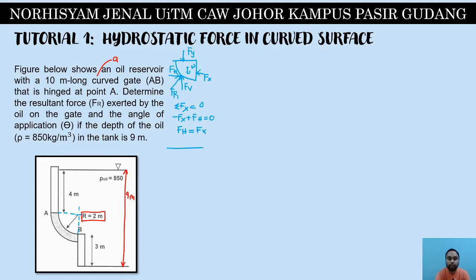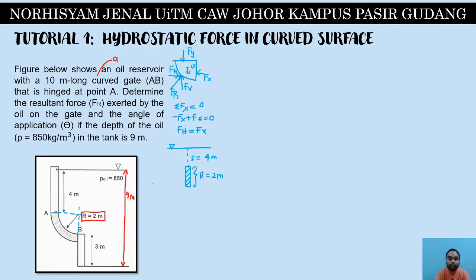If we remember from the theoretical part, we need to represent the lines with a rectangular shaped plate like this, and we need to make sure we know what is the S. S over here should equal to 4 because this is from the tip to the surface of the liquid. So S is 4 meters, R is 2 meters.